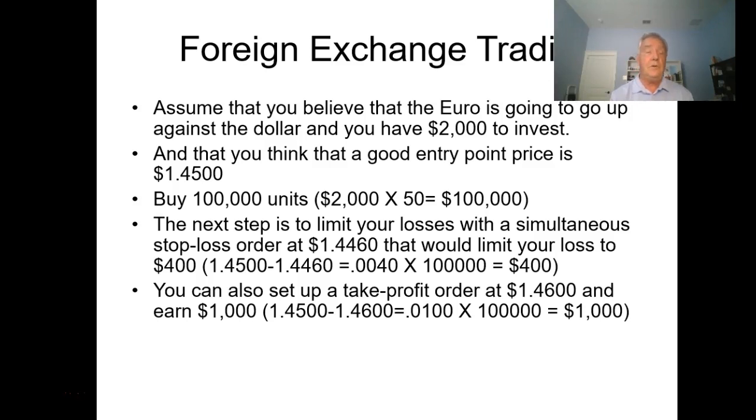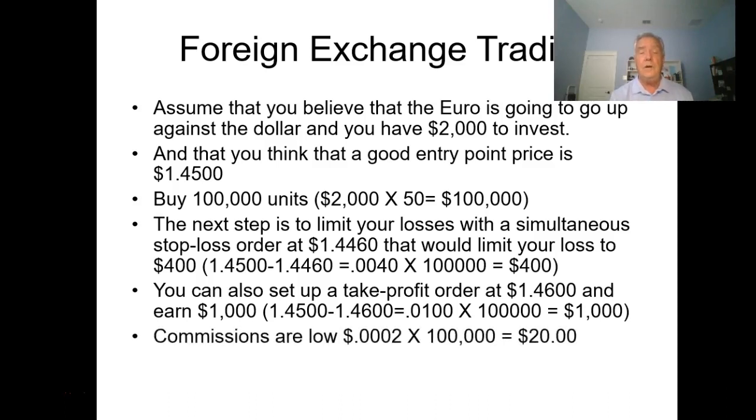That will earn you $1,000. You say, okay, automatically, don't have to do anything. If it reaches 1.46, sell me out. Commissions are low. For this type of typical transaction, you'd pay $20 in commissions. So it's a pretty slick system. But this has developed as a result of globalization.